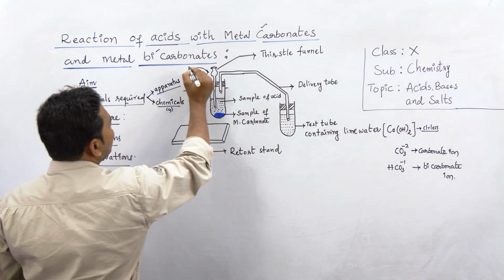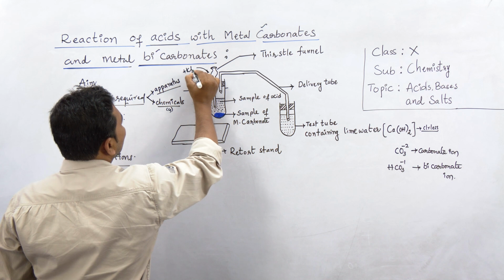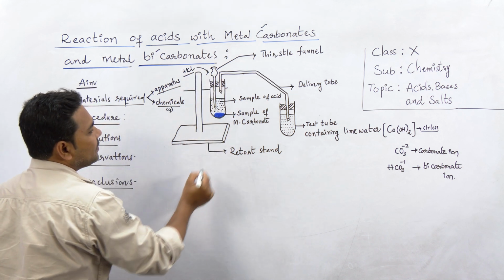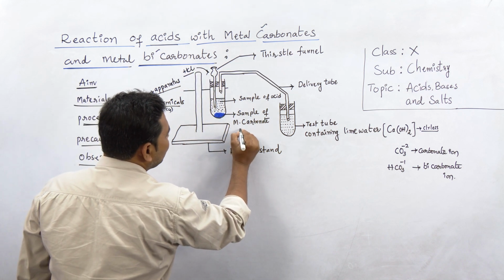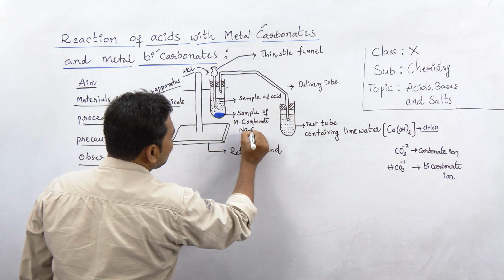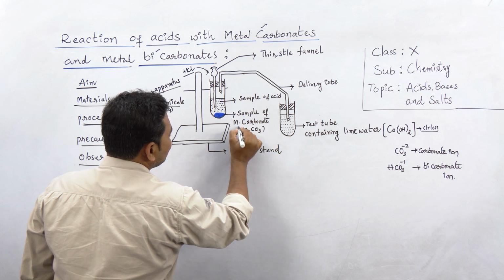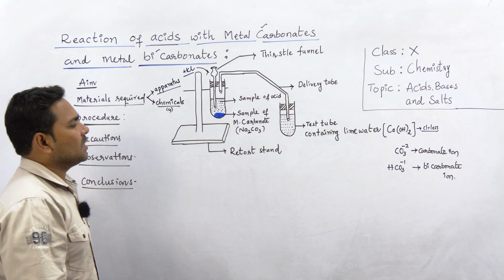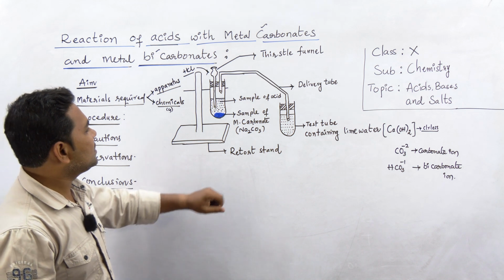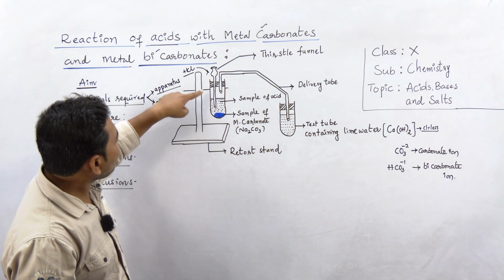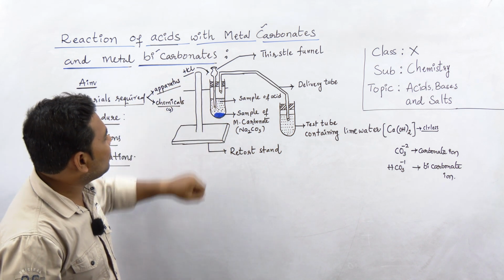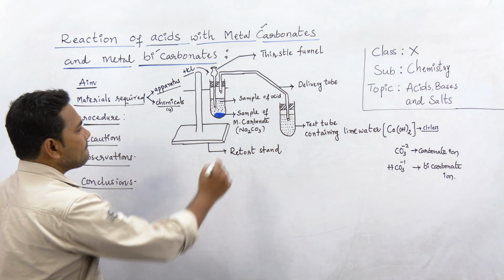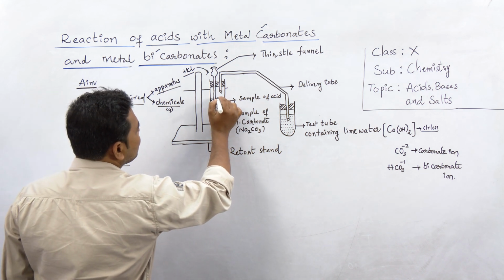If I take, for example, dilute HCl added into the test tube, and as the sample of metal carbonate, let me take sodium carbonate, Na2CO3, which is the formula of sodium carbonate. Now, when acid is added to metal carbonate, we see evolution of gas.